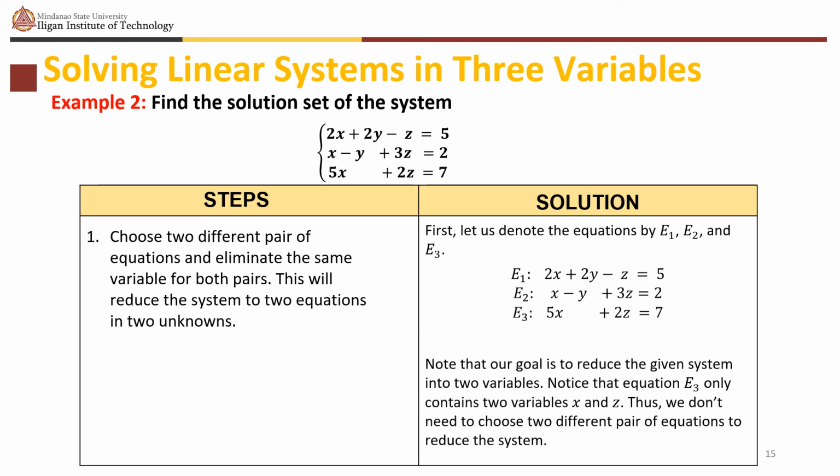Note that our goal is to reduce the given system into two variables. Notice that equation 3 only contains, this time, two variables. Take a look at this. So you only have two variables, x and z. Thus, we don't need to choose two different pair of equations to reduce the system.